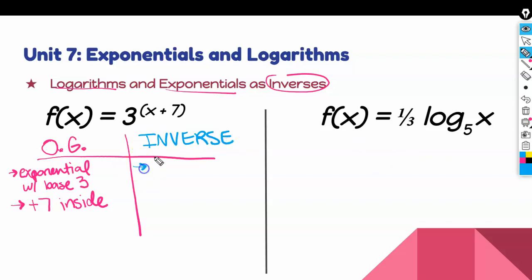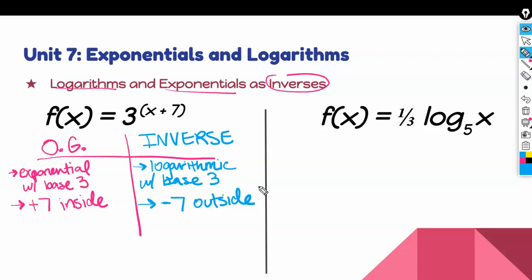I'm gonna have a logarithmic. So I'm gonna see the word log. And then, instead of a plus 7 inside, I'm gonna have a minus 7 on the outside.